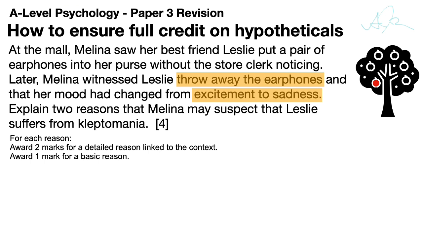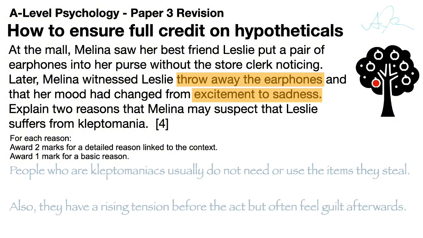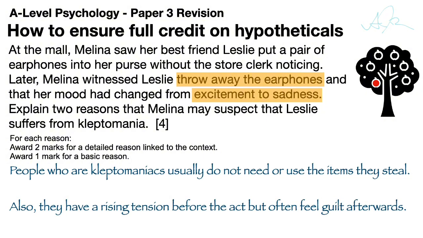So let's come up with the 2-point response first. So let's say we knew information about kleptomania. We read the ICD-11, we read the textbook, great. But if you don't add those little details, and again, I've said this before, but don't just use the names, Melina and Leslie, but actually use some of the verbs and the nouns that appear in the stimulus to ensure that you're going to get full credit.